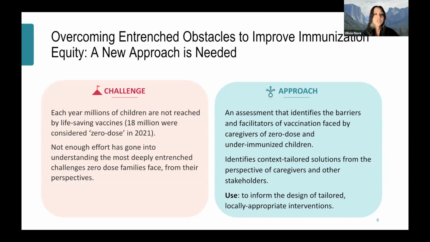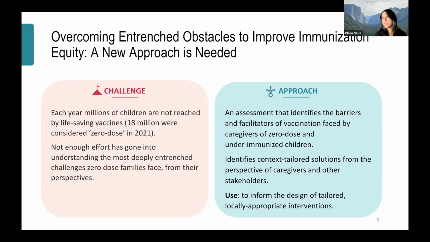The challenge for the project in general is that in 2021, there were 18 million unvaccinated children in the world. We are not reaching them, and we want to understand why. The reason this is a challenge is that we felt we weren't really understanding, from their perspective, the challenges they face in reaching vaccinations.